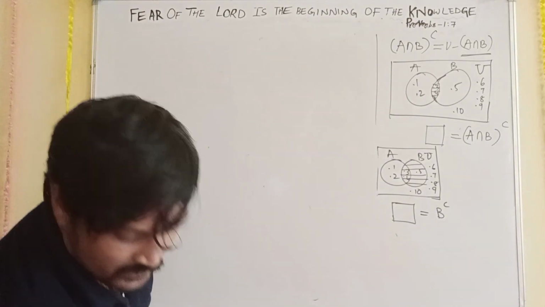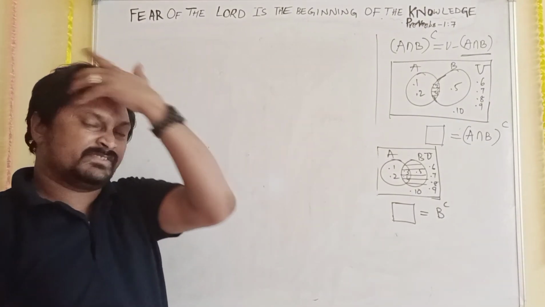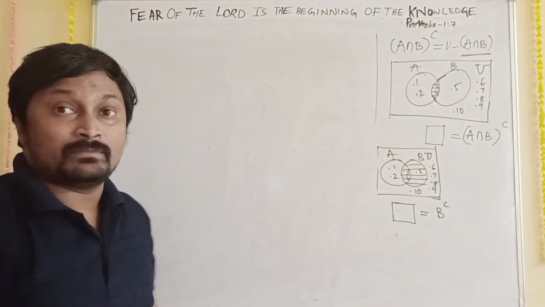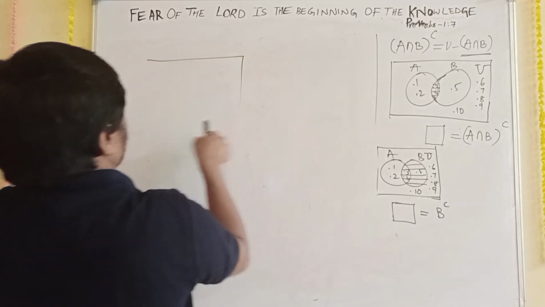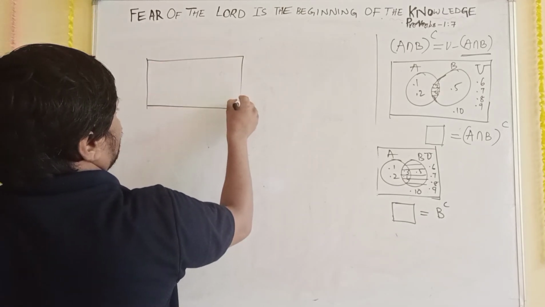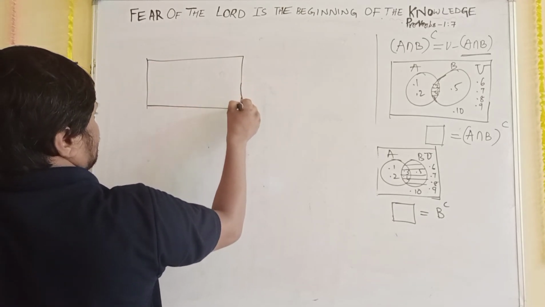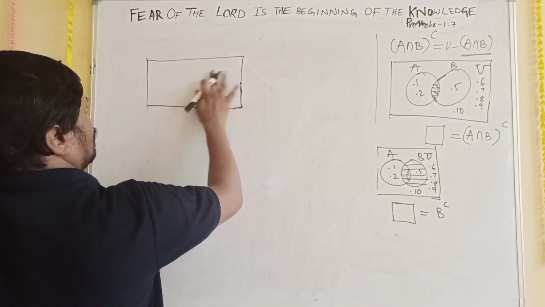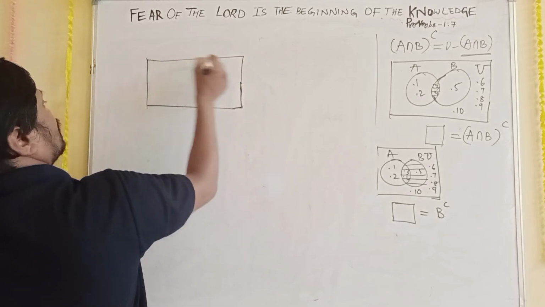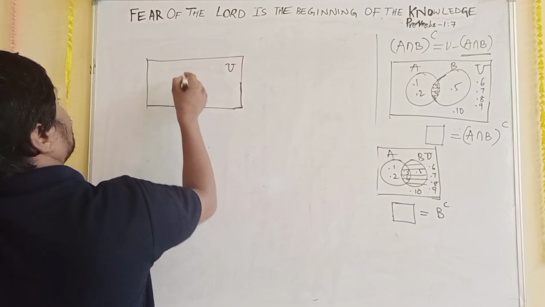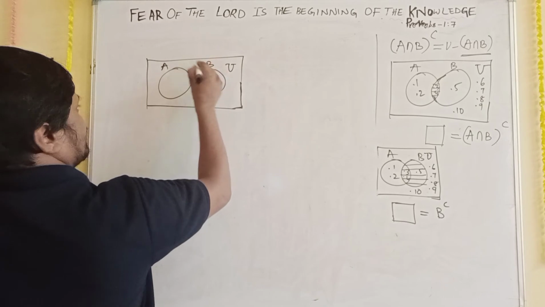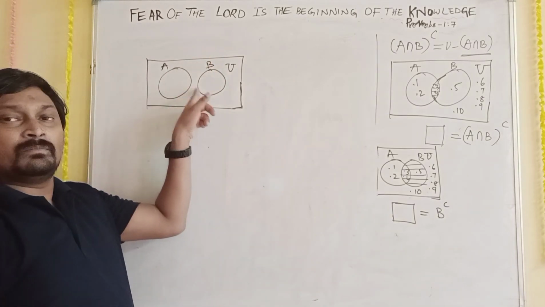Okay, so now we are going to discuss what are disjoint sets and how to represent them in a Venn diagram. Let me draw now. This is the universal set, here it is set A and here it is set B. Now observe, is there any common area?